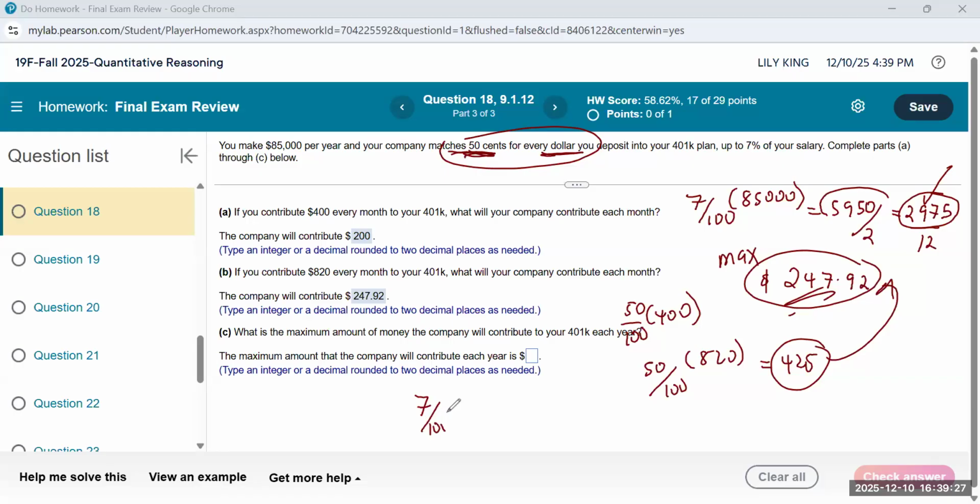And so 7% of 85,000 is 5,950, and half of that is 2,975. And this is the maximum amount the company will contribute each year.